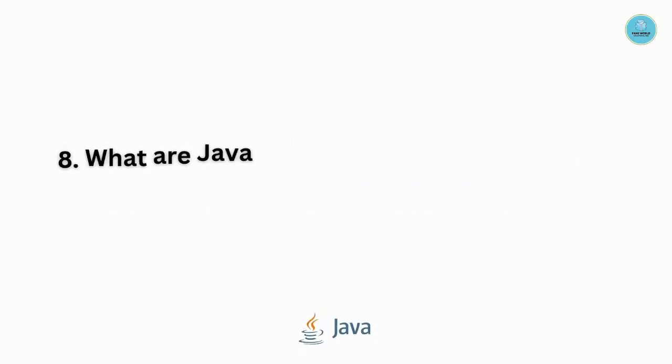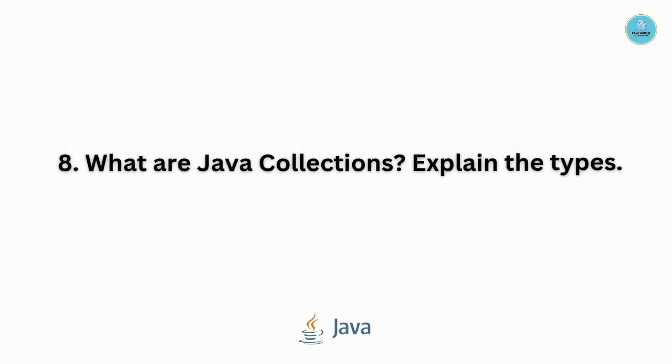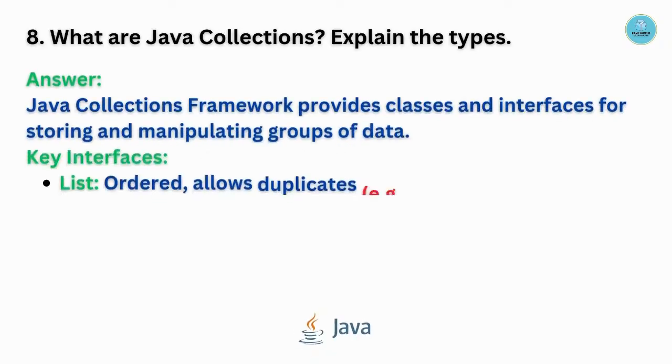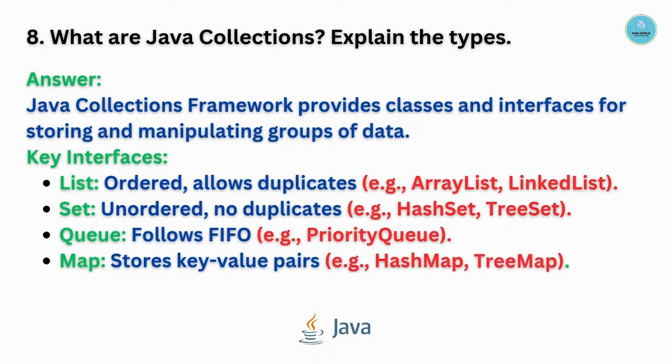Question number 8. What are Java collections? Explain the types. Java collection frameworks provide classes and interfaces for storing and manipulating groups of data. The key interfaces: list, set, queue, map. List ordered and allows duplicates. For example, array list and linked list.